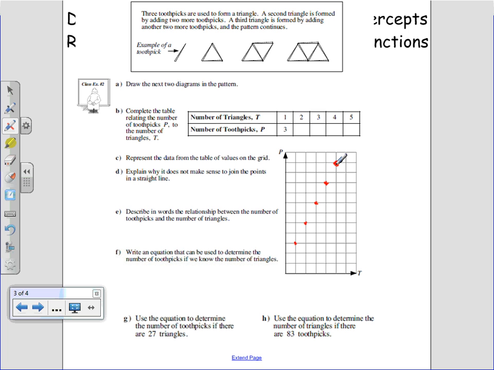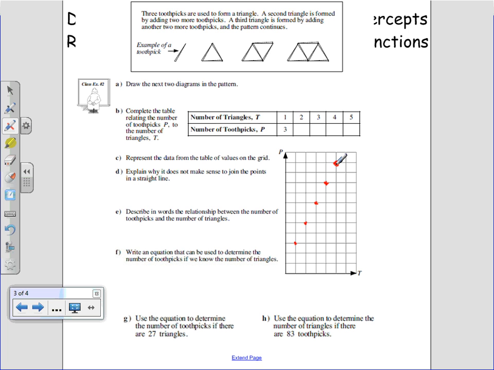So part D, we just said, explain why it doesn't make sense to connect the points in a straight line. Part E, describe the relationship between the number of toothpicks and the number of triangles. We already did that. So an answer to that would be, for every 2 toothpicks added, we add a triangle. Make sense? It's easy.